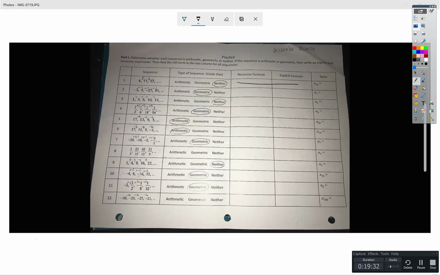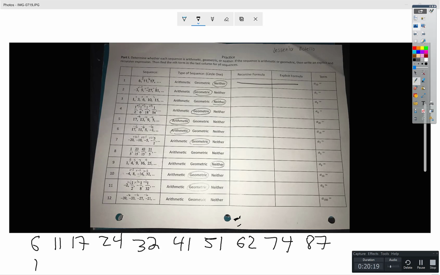So you have 6 plus 5 is 11, plus 6 is 17, plus 7 is 24, plus 8 is 32, plus 9 is 41, plus 10 is 51, plus 11 is 62, plus 12 is 74, plus 13 is 87.